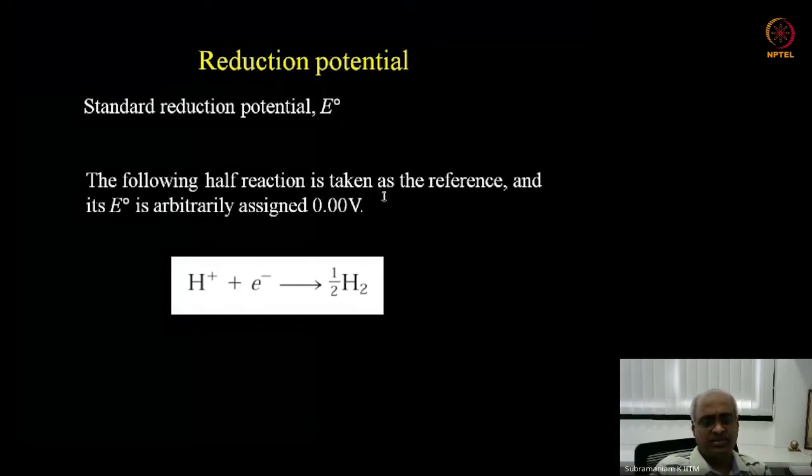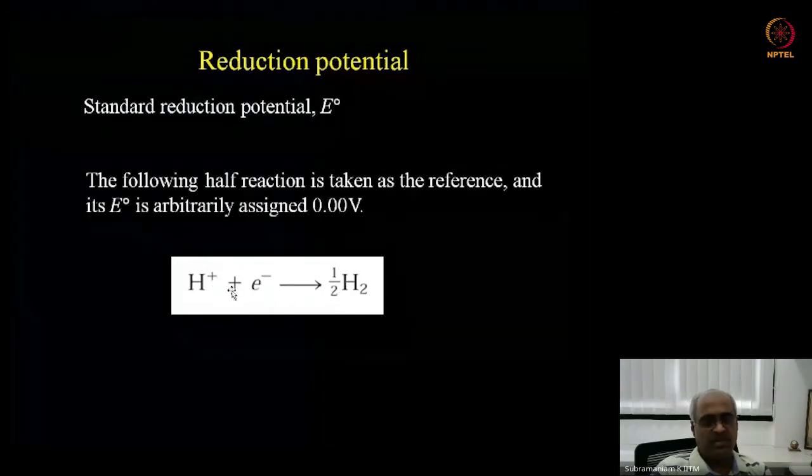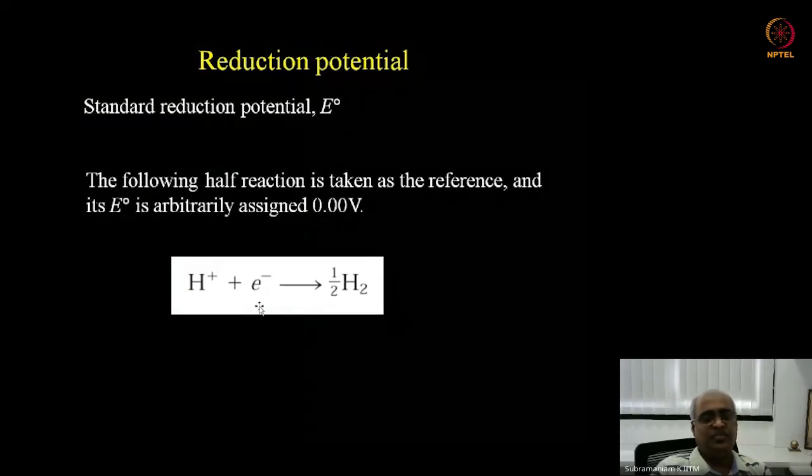This standard reduction potential is arbitrarily assigned as 0 volts for this particular half reaction, that is, proton taking up an electron to become hydrogen atom. We take this as the reference, this hydrogen's standard reduction potential. Everything else is compared with this.